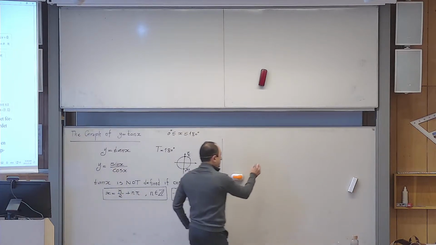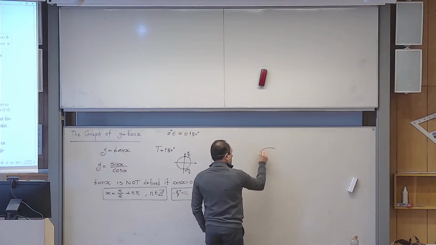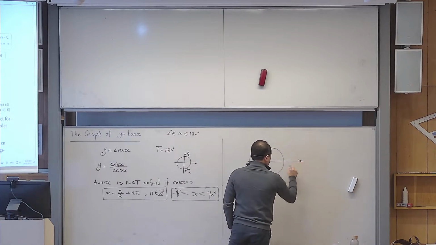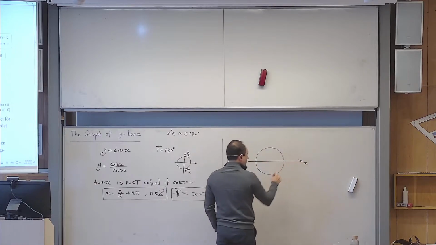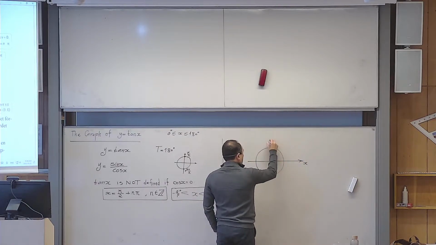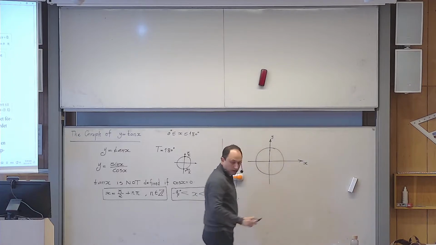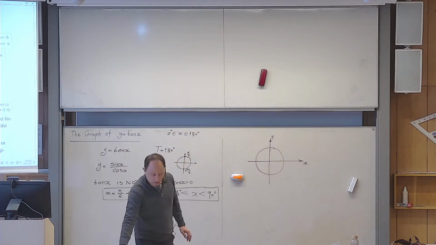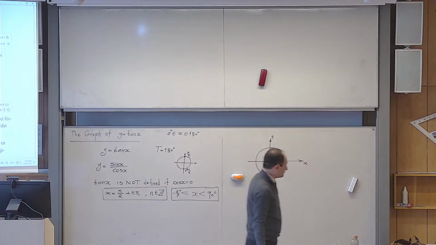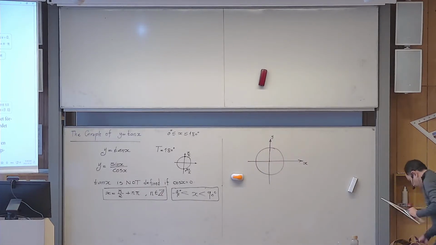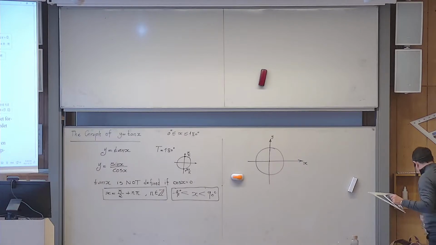So let me just start from here. Do you remember I have a unit circle? In the unit circle, I have a horizontal axis, x-axis, which plays the role of the cosine. And then I have also a vertical axis, which plays the role of the sine. Okay, now what we introduce is another axis. So let me draw it a little bit more carefully.